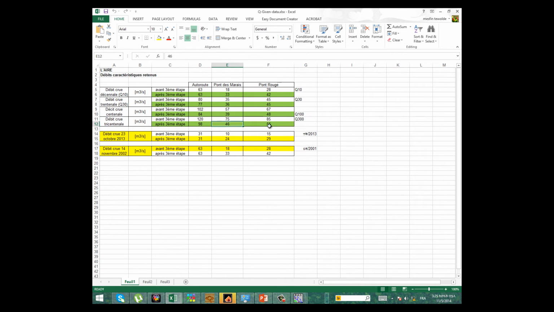Here 46, and 56 is the maximum at Pont Rouge for 300 years of recurrence interval. So we will see whether the tunnel will accommodate the 56 meter cube per second discharge. So we'll see.